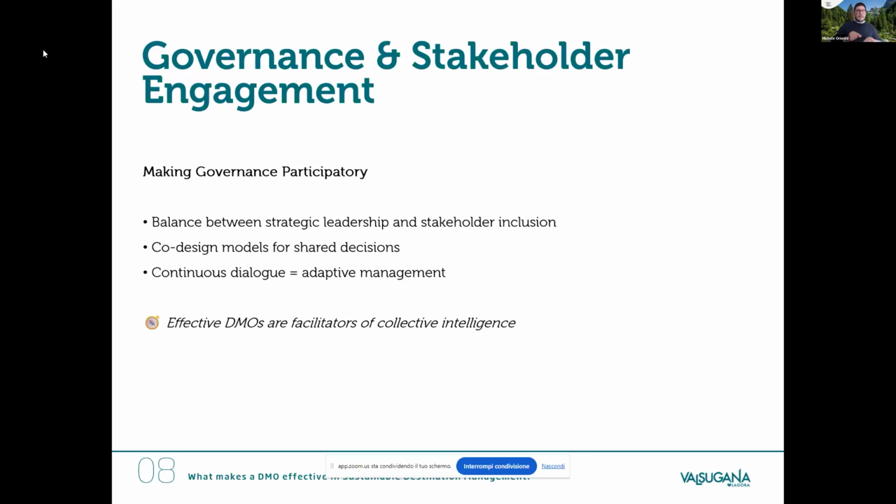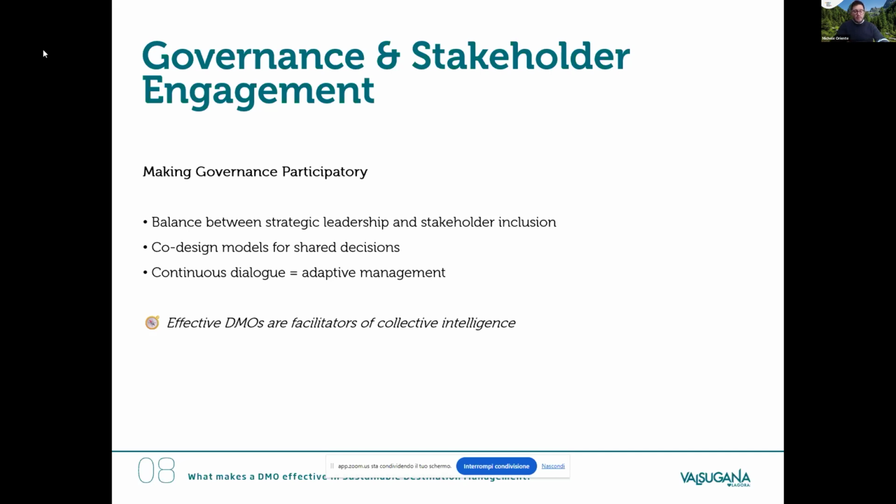Governance and stakeholder engagement is very important, and it is the center of our work, making governance participatory. The balance between strategic leadership and stakeholder engagement is a big question, but it is very important for the successful realization of our vision.